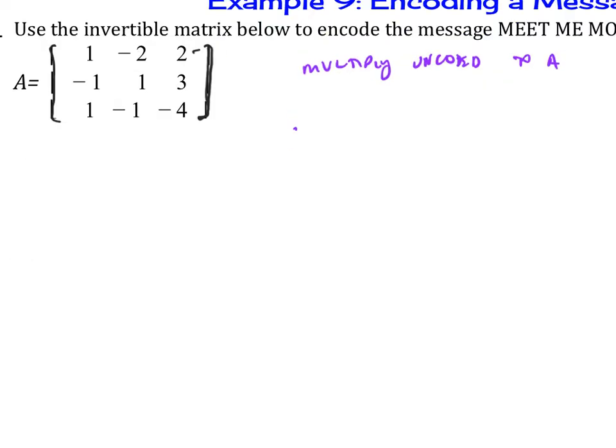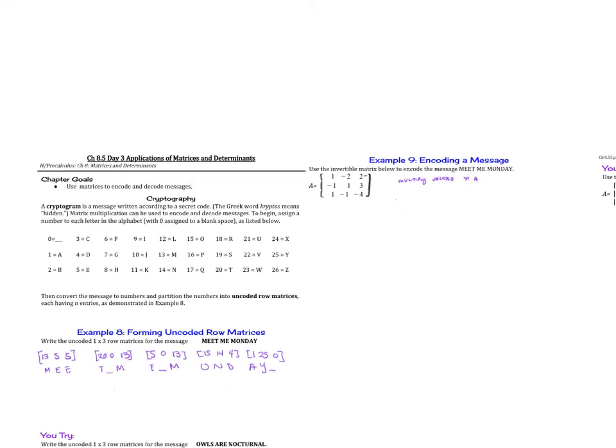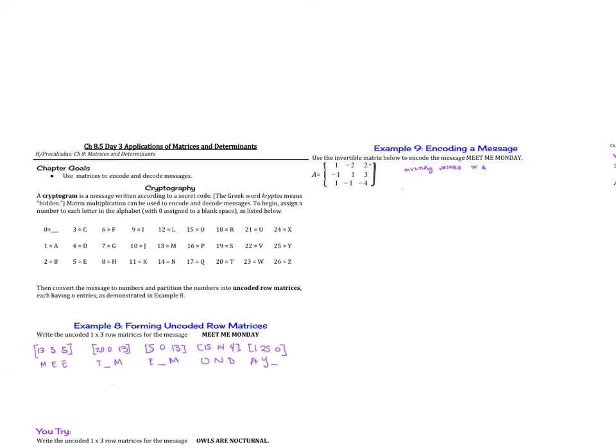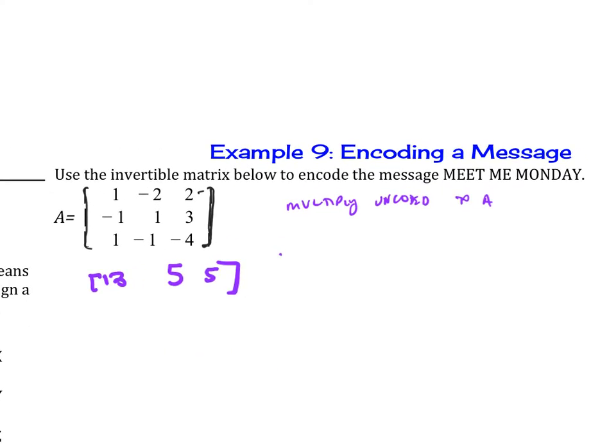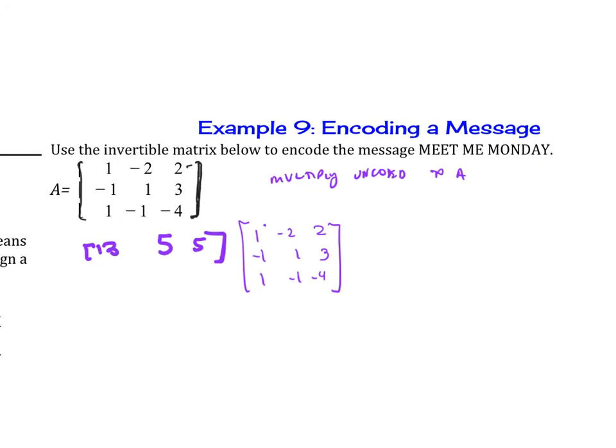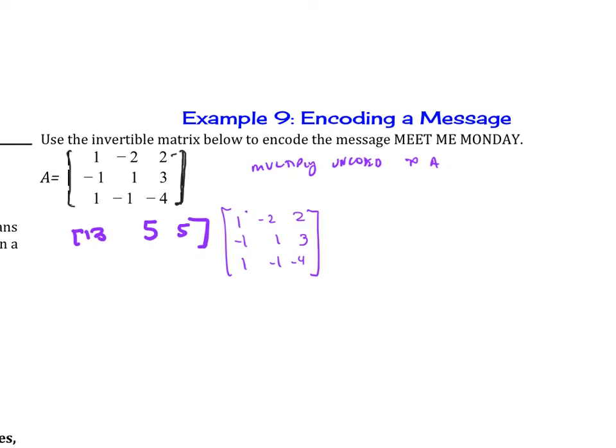We already have the work over here. We're going to take 13, 5, and 5, and multiply that by the matrix with rows 1, negative 2, 2; negative 1, 1, 3; 1, negative 1, negative 4. So we have to do matrix multiplication.